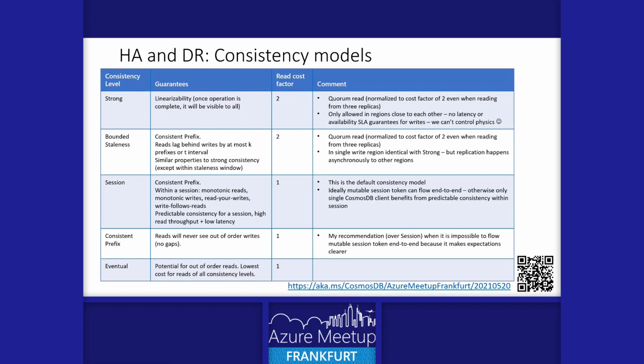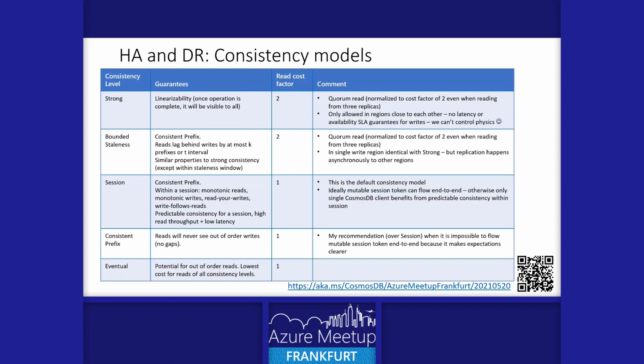To explain why that's the case, let's start with the easiest, eventual. Like I mentioned before, there are four replicas. When you do a read operation with eventual consistency, it picks a random replica and reads the data from it. There's no need to make sure it's the latest version, so even if that replica doesn't have the latest version yet, it's perfectly okay to return it. So it only communicates with one replica.